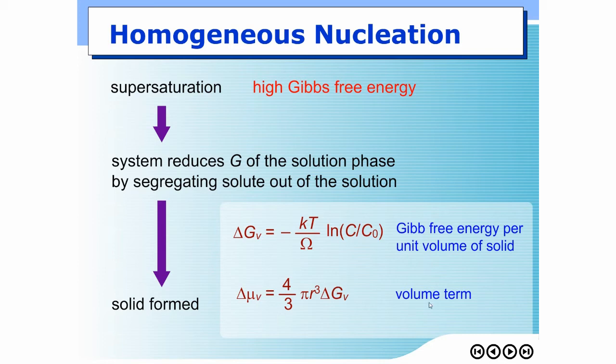And I like to call this one shortly as a volume term. Okay? Because it was calculated based on the volume of the particles formed. And keep in mind that this volume term is negative. Okay? This energy, this is supposed to have unit of energy, is negative in sign because of this negative here.